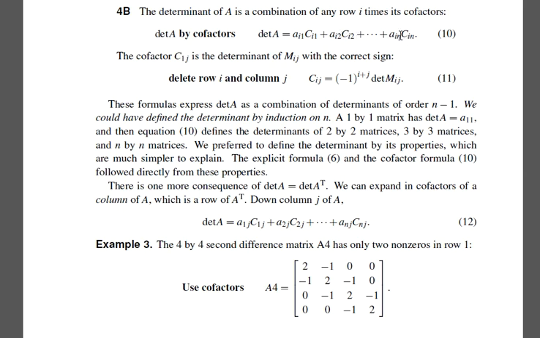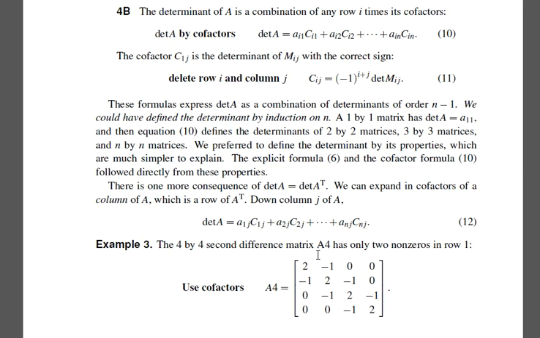So i and j can be any values. Delete row i and column j. The process is already known. Cij is equal to, the formula for cofactors is minus 1 raised to i plus j, determinant of Mij.